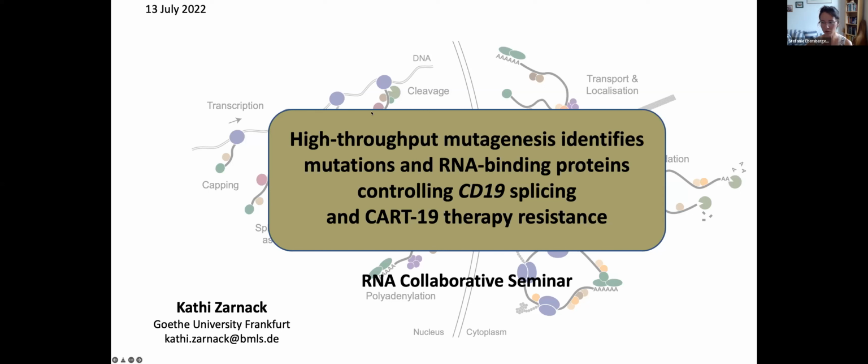In the course of her postdoc, she developed a computational approach to analyze iCLIP data. Since 2014, she's been group leader at the Buchmann Institute for Molecular Life Sciences in Frankfurt, which is pretty close to Mainz, where she works at the interface of RNA-protein interaction. Now I will leave the stage to Kathi, and I'm very much looking forward to the talk.